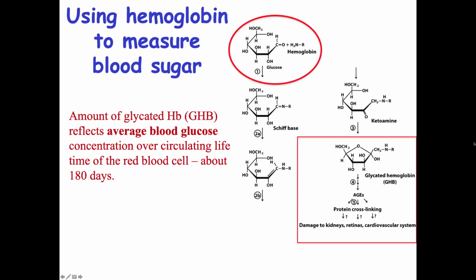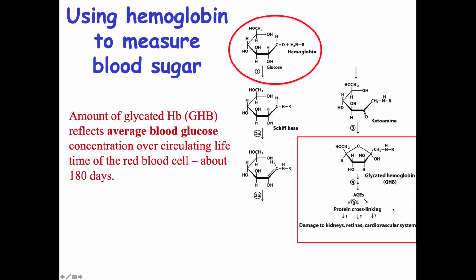So this is a reflection of long-term glucose levels. Now, what I want to point out here is that you have this glycated hemoglobin, and over time you get what are called advanced glycosylation end products, or AGEs. Basically, these are proteins that are modified with different sugars.